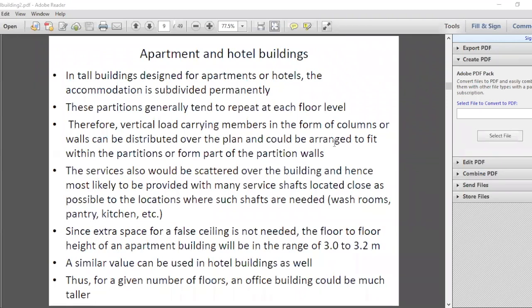So with a 2.7 meter floor to ceiling height, plus another allowance for the structural system, if it is a beam slab system, sometimes you will find something like 0.5 meters may be sufficient. And if it is a flat slab system, something like 200 millimeters may be sufficient. Then you can have a floor to floor height of 3 to 3.2 meters or 3 to 3.3 meters in apartment buildings.